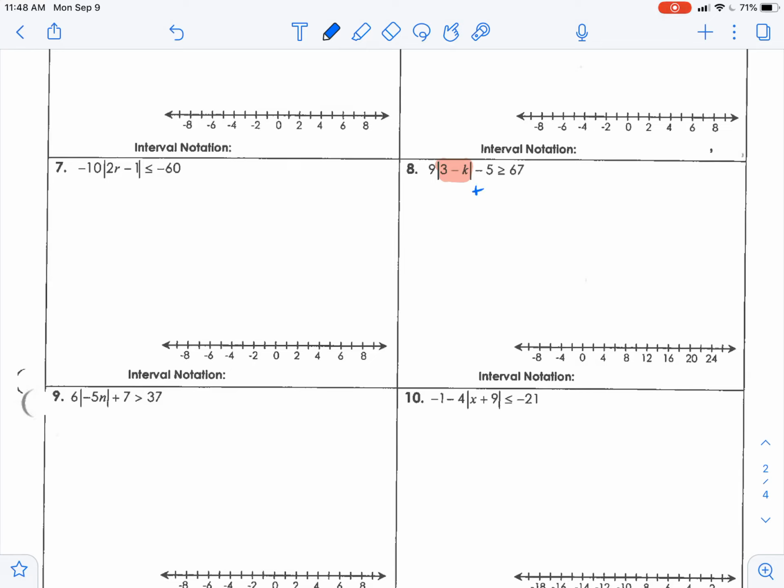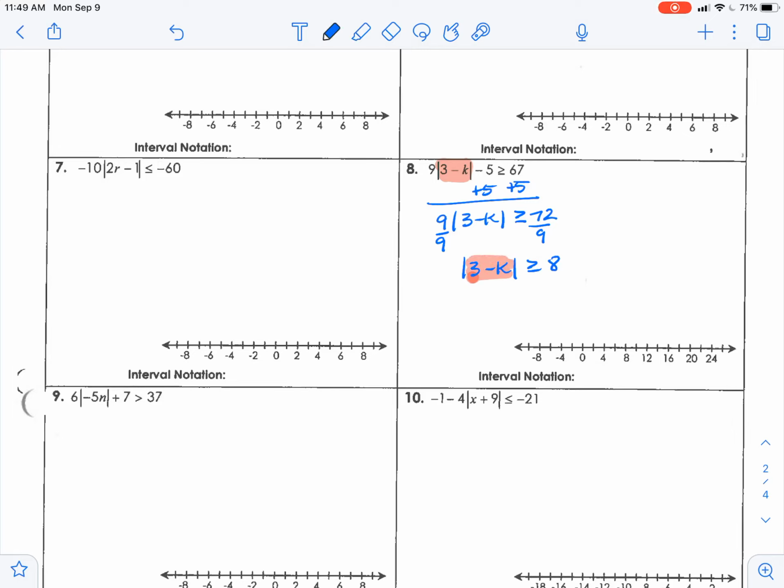To do this problem, I need to add 5 first. That's 72. I'm going to divide the 9 off. And now my absolute value part is isolated. I have it all by itself.